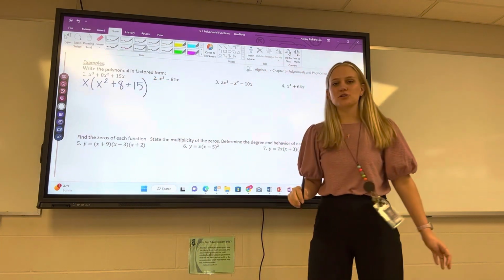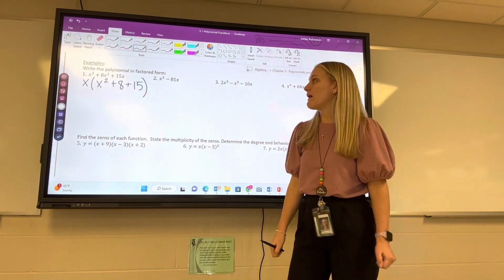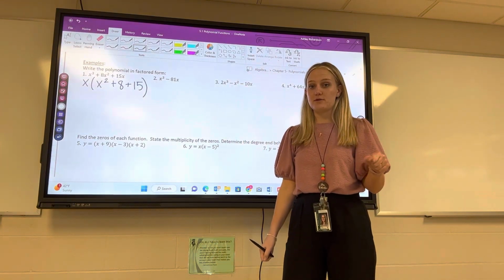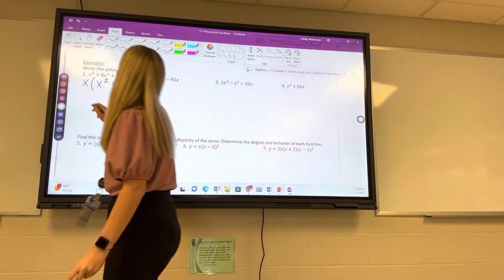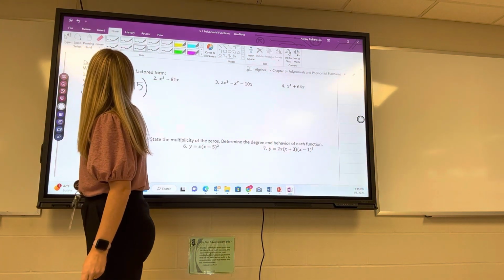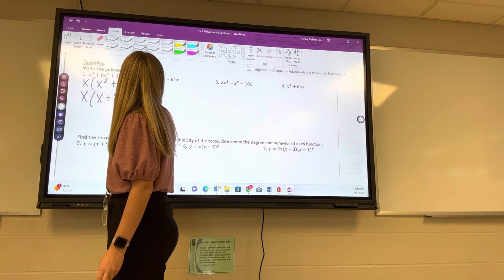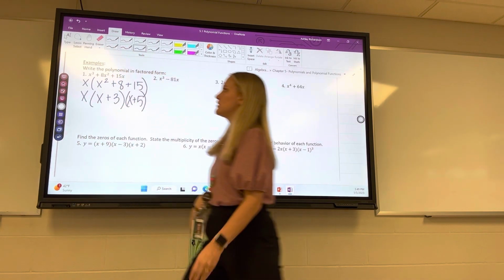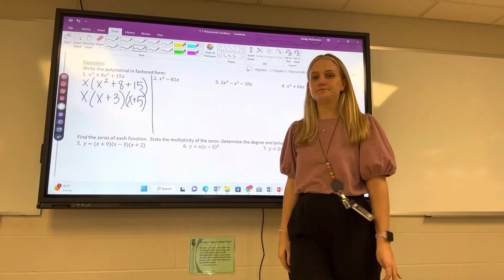Then I can factor it with factors of 15 that add to 8. That would be 5 and 3, because 5 times 3 is 15, and 5 plus 3 is 8. So I keep this x, and then I have x plus 3, x plus 5. And that is all I can do. So that is my polynomial in factored form.